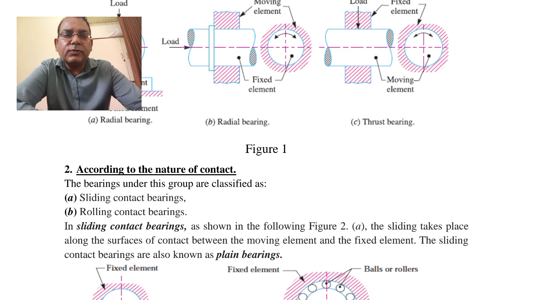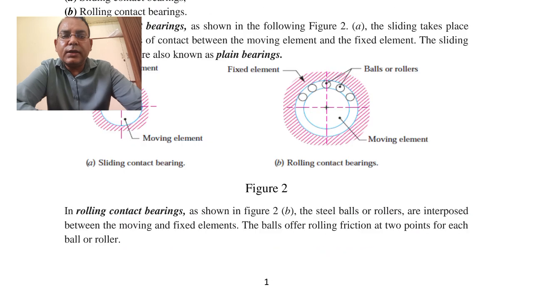Now come to rolling contact bearing. In rolling contact bearing, the surface of the shaft and surface of the bearing are separated by a ball or rolling element like a roller.